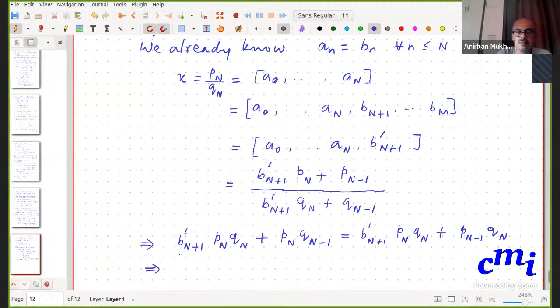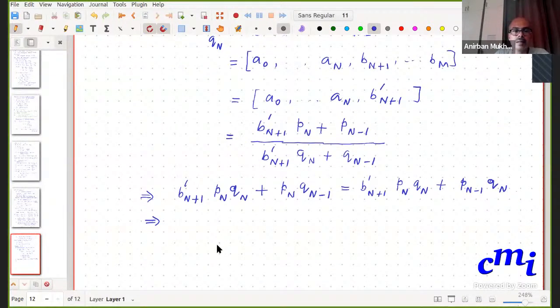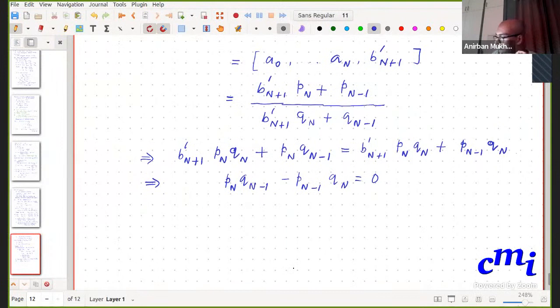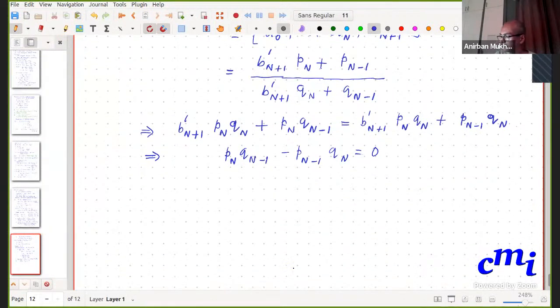So the first entry cancels, both are the same. What remains is Pn Qn minus 1. Yeah, and this cannot happen. This is a contradiction.